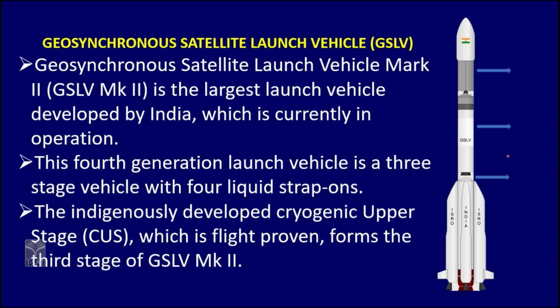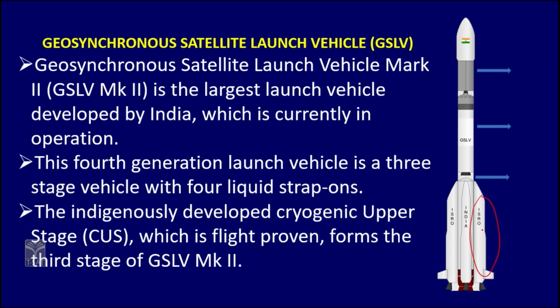Geosynchronous Satellite Launch Vehicle Mark II is the largest launch vehicle developed by India, which is currently in operation. This fourth generation launch vehicle is a 3-stage vehicle with 4 liquid strap-ons. These are the liquid strap-ons.